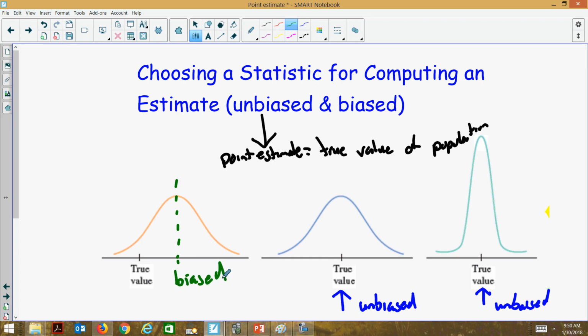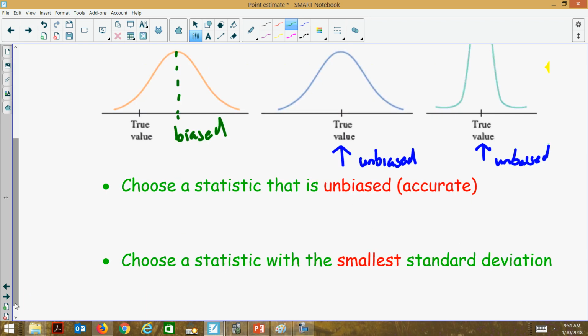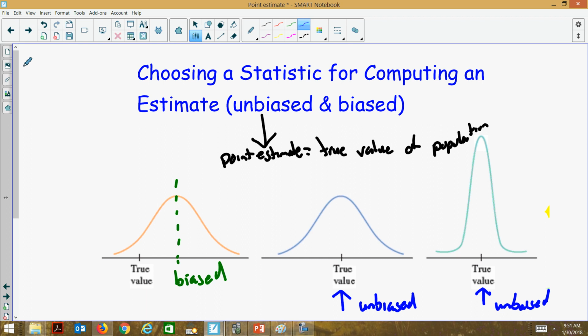In most cases, we will be working with biased statistics simply because it is really hard to 100% conclude that a statistic is the exact true value of a population characteristic. But here's how we can work with that. If we choose a statistic that is unbiased, that means that it is very accurate. But what you want to do is choose an unbiased statistic that has a small standard deviation for a sampling distribution.